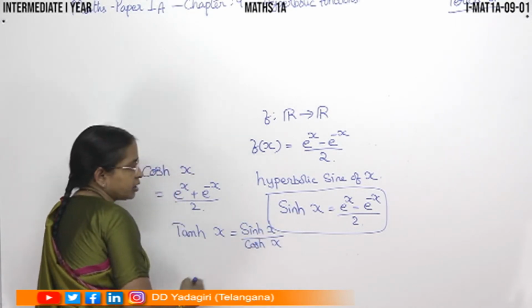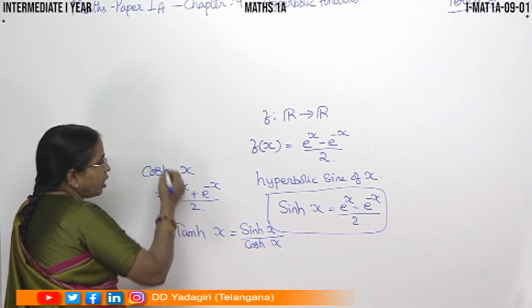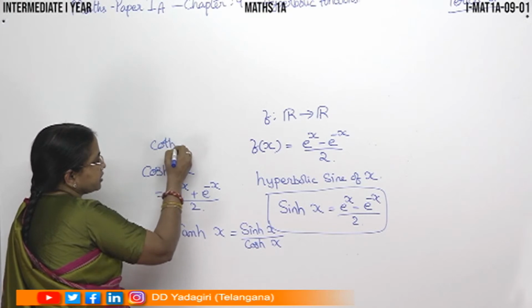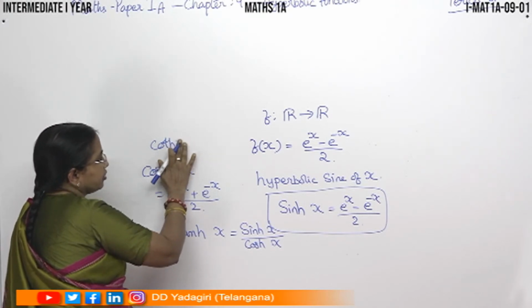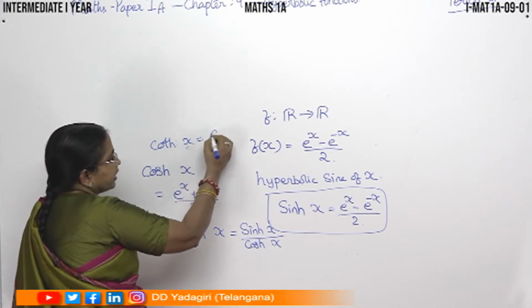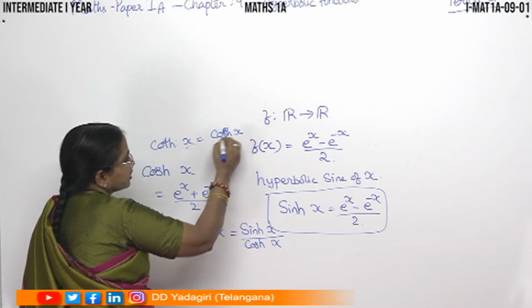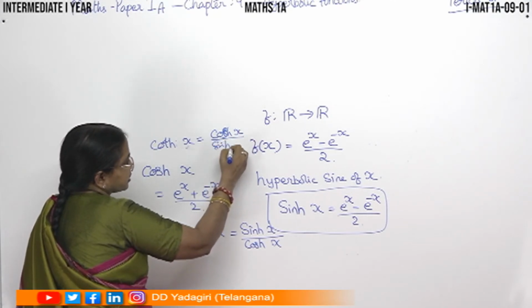Next is cothx, the hyperbolic cotangent of x, defined as coshx by sinhx.